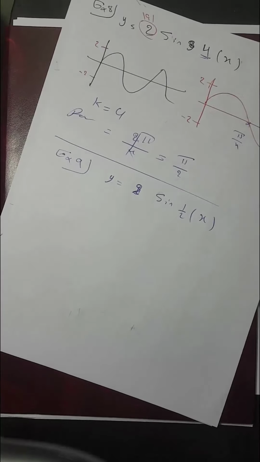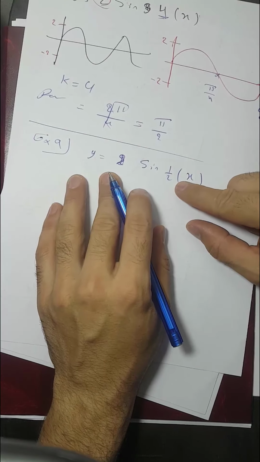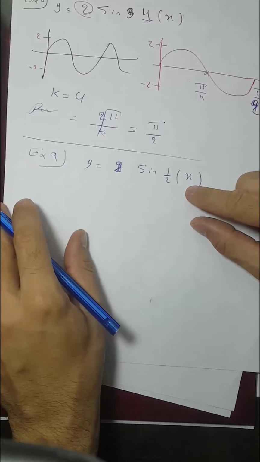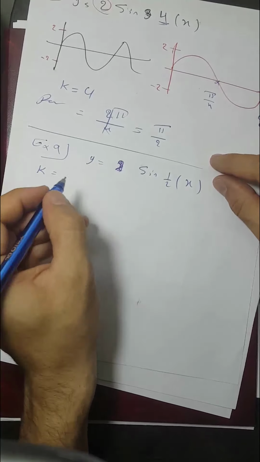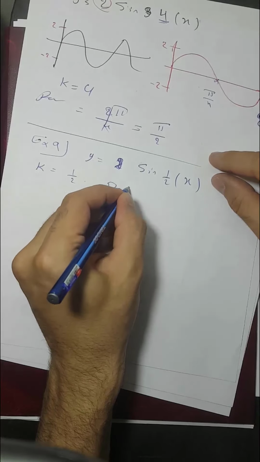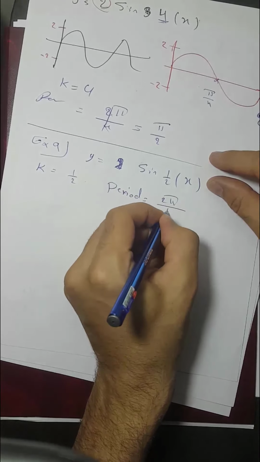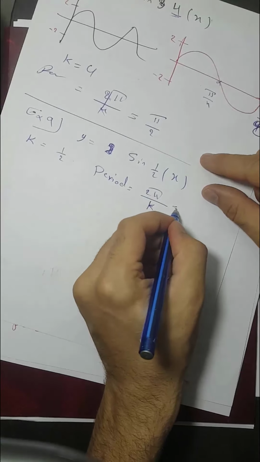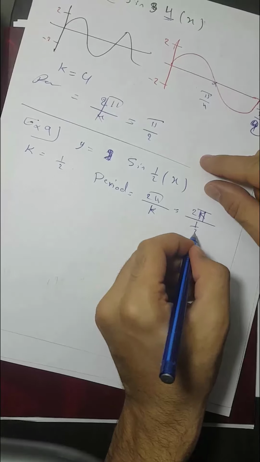Okay, so about a rational period or rational k. So a is equal to 1, nothing, so just 1, and k is equal to 1 over 2. Now the period is equal to 2 pi over k, which is 2 pi over 1 over 2.